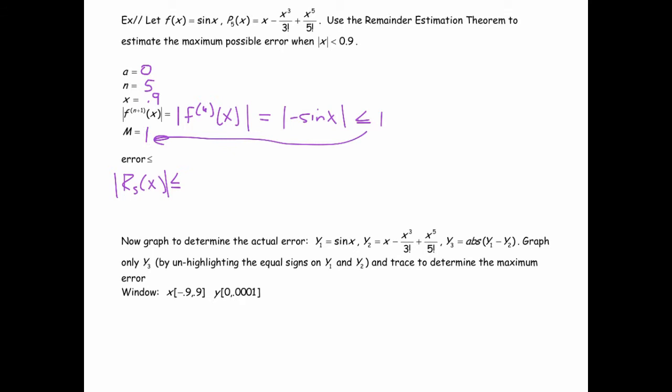So the error of the 5th degree Taylor polynomial is going to be less than or equal to 1 times the absolute value of 0.9 minus 0 to the 6th divided by 6 factorial. And that ends up being 7.381 times 10 to the negative 4.